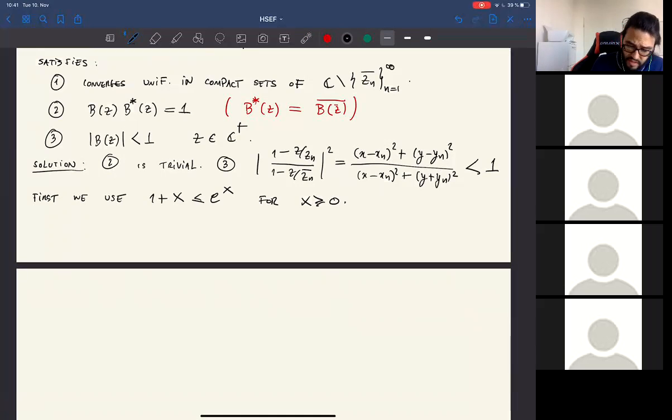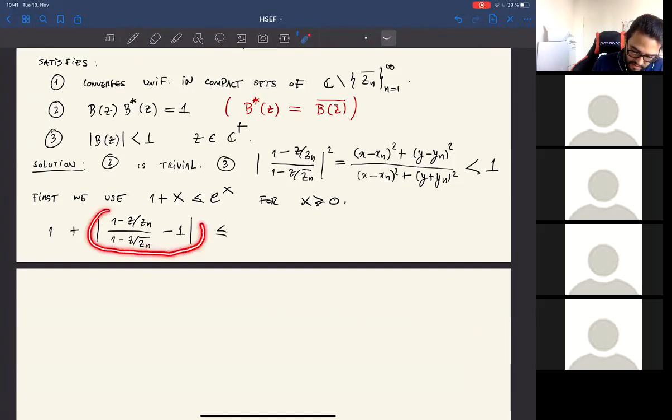And then we will use that in the following way. So this guy here would be my x. So we just do that, less or equal than the exponential of.